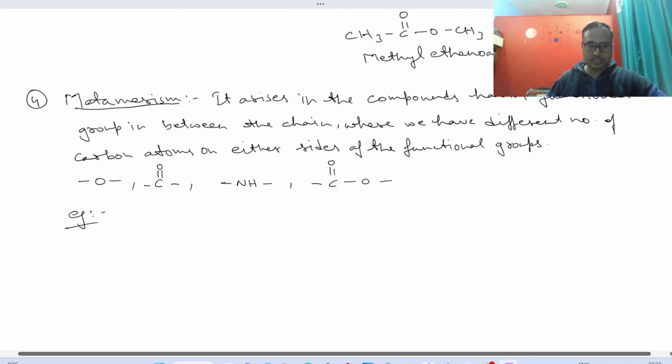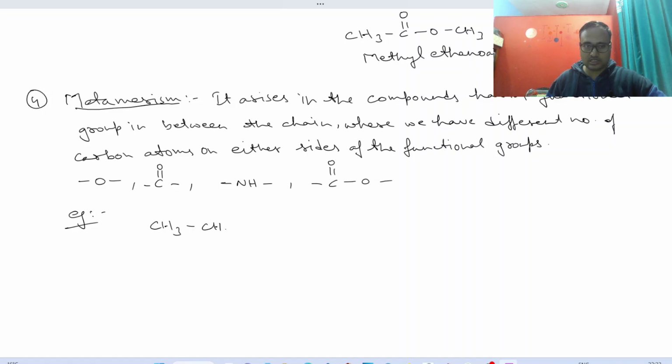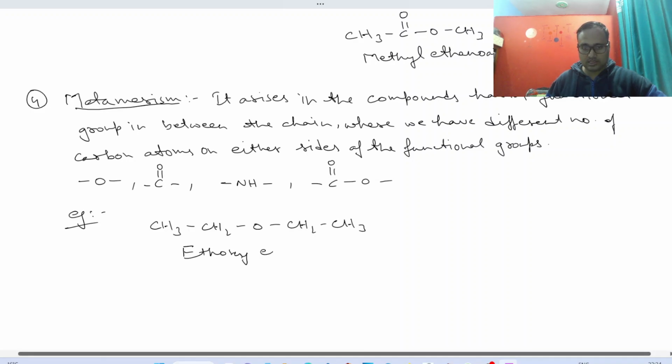Let us take first an ether, and after that I will take an example of a ketone. So CH3CH2OCH2CH3. In this molecule we can see that on both sides of the oxygen atom we have two carbon atoms, and we can name it ethoxyethane.